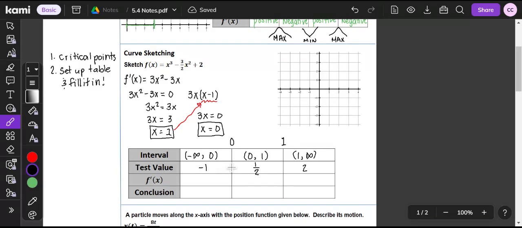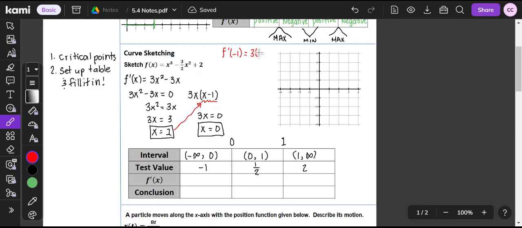Okay, so with these test values, I'm now going to plug them into the derivative. And I really only care about the sign that I'm going to get, but I'm going to go ahead and show you what the whole process looks like. So what is f prime of -1, my first test point? Remember, I'm going to take -1 and plug it into this function right here.